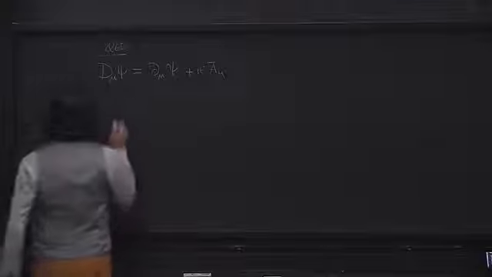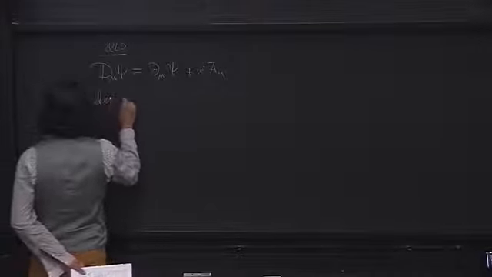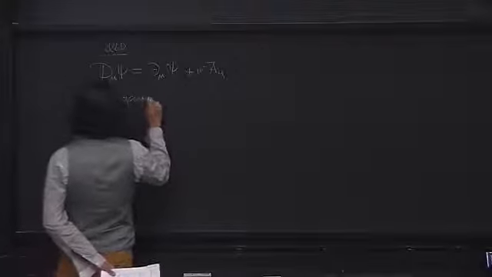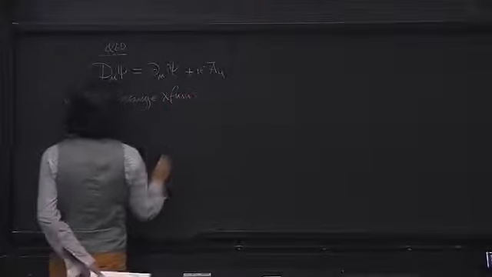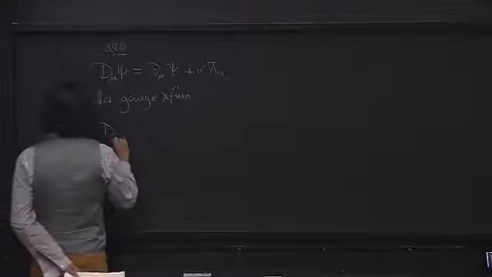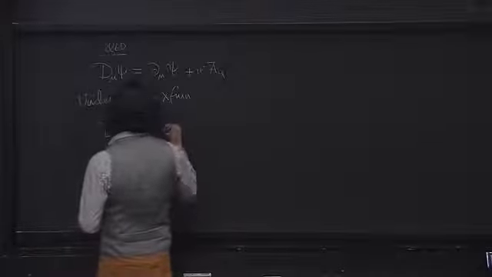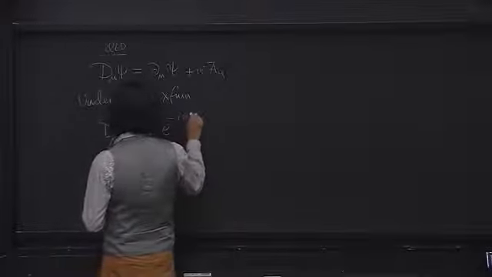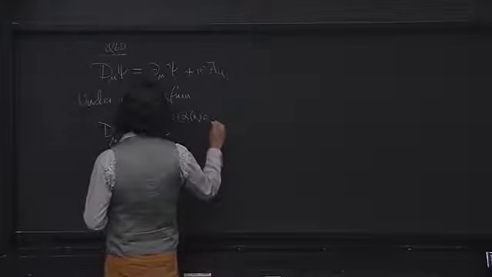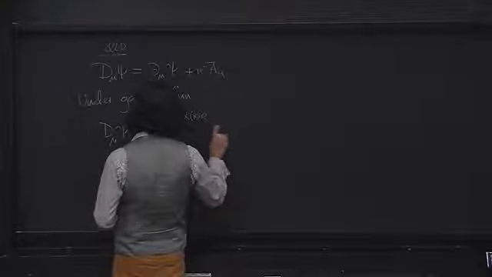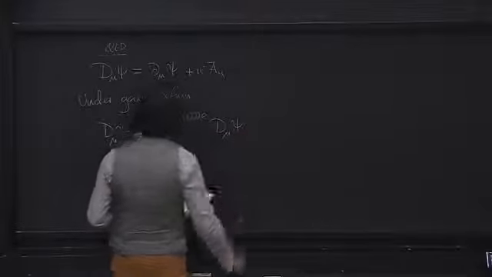Then under the gauge transformation, this object has a nice transformation property. Right?